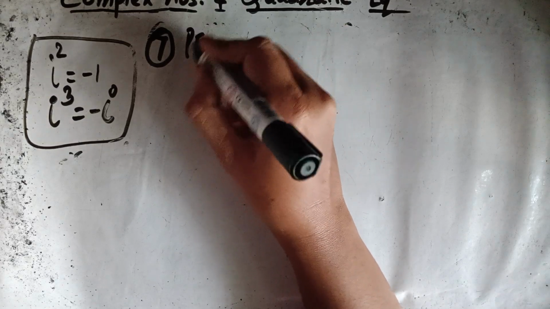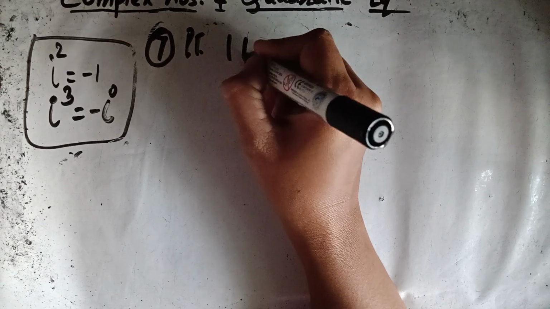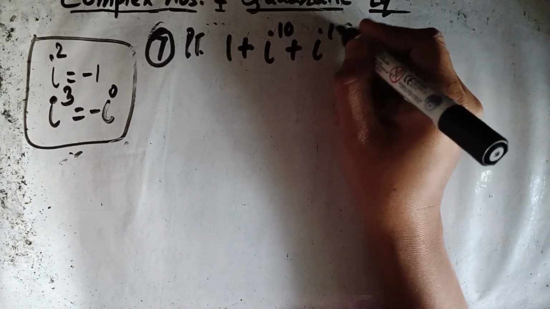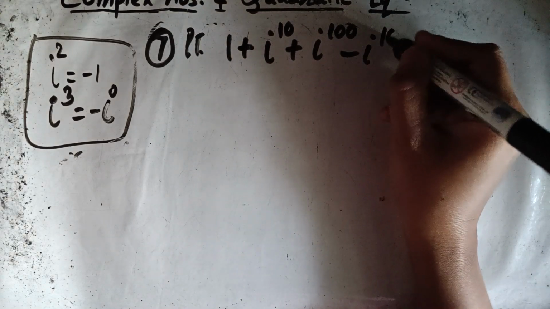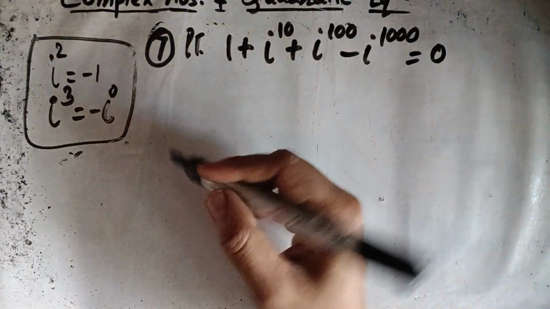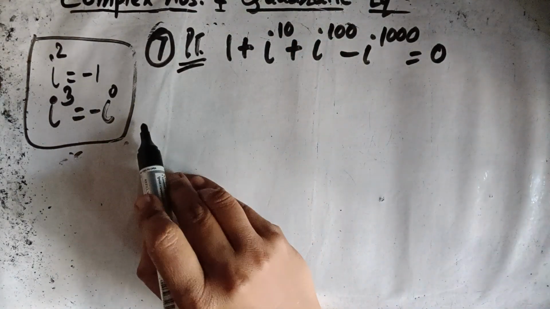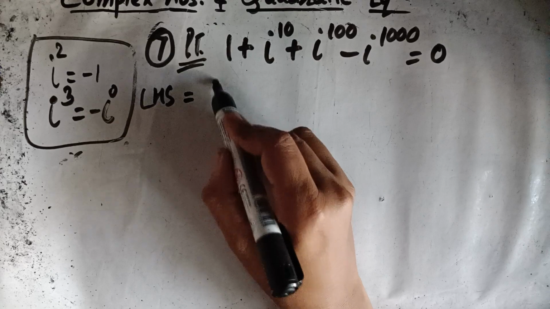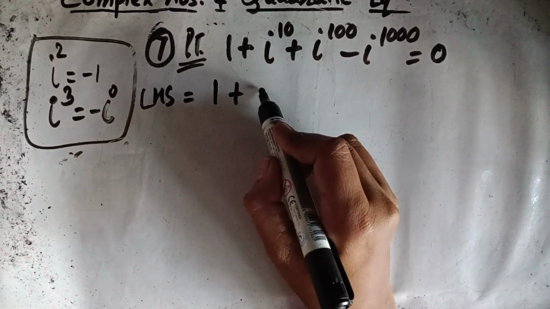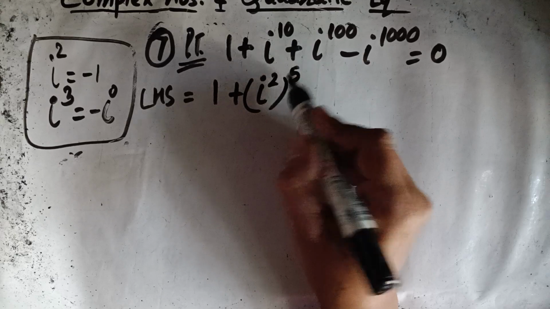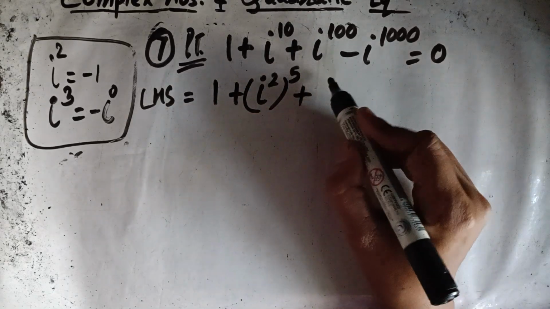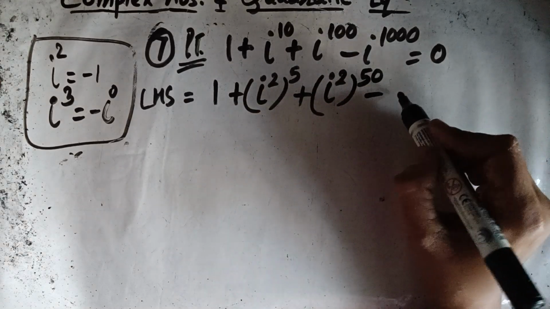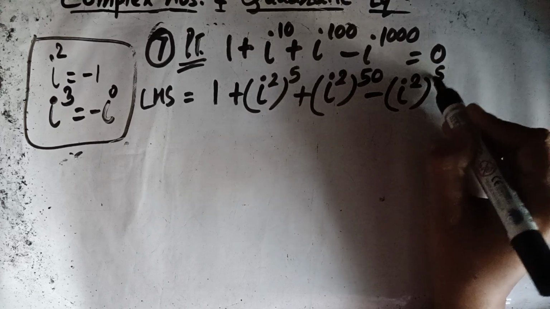You have to prove that 1 plus i raised to 10 plus i raised to 100 minus i raised to 1000 is equal to 0. Okay, you have to prove this. So starting with LHS, i^10 you can write as (i square) raised to 5, plus i^100 as (i square) raised to 50, minus (i square) raised to 500.